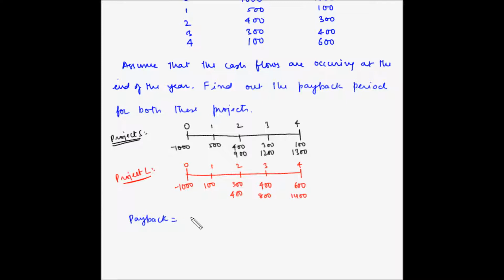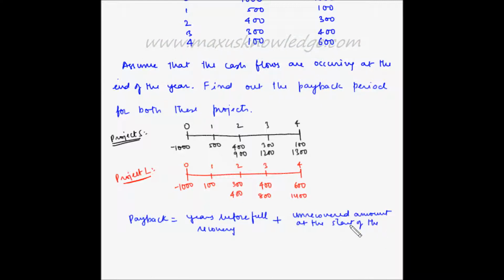So payback is equal to years before full recovery plus unrecovered amount at the start of the period divided by cash flow during the period.